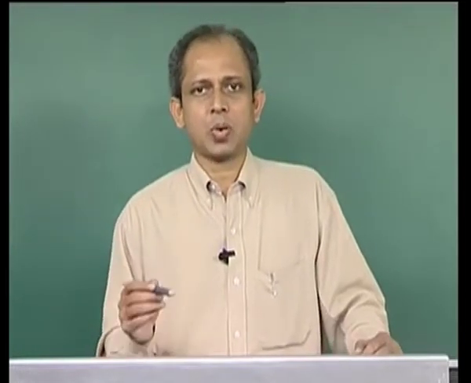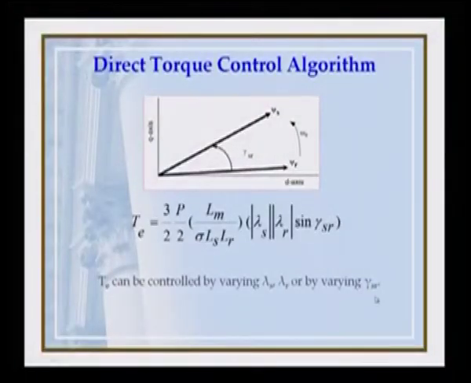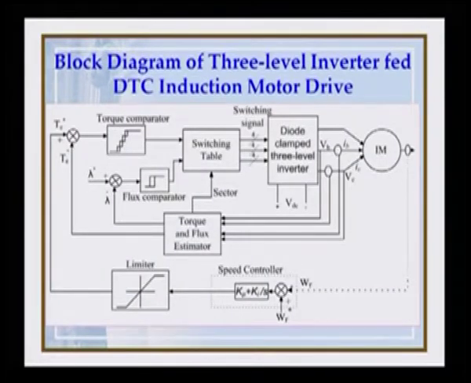So, what we do, we control the torque by controlling gamma SR, the angle between the 2 fluxes. This is the angle, and what we obtain finally is a closed loop block diagram of speed control. So, we have the induction motor here, and we have a speed sensor.